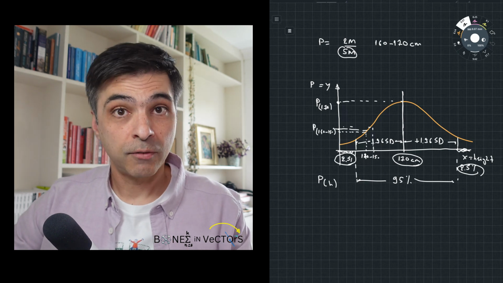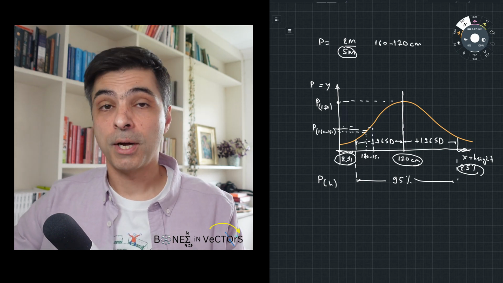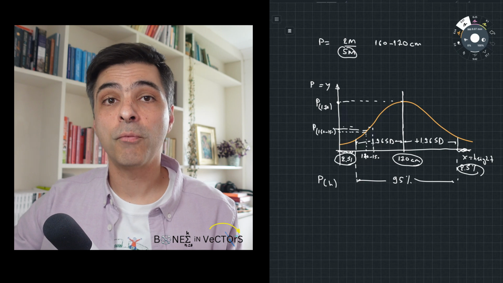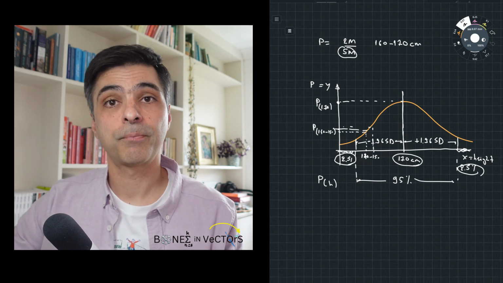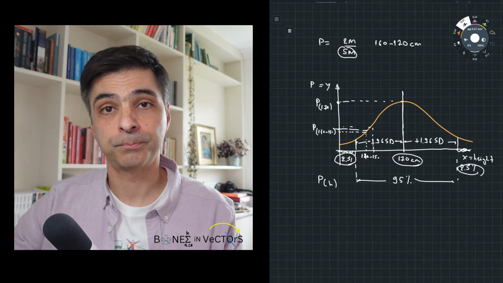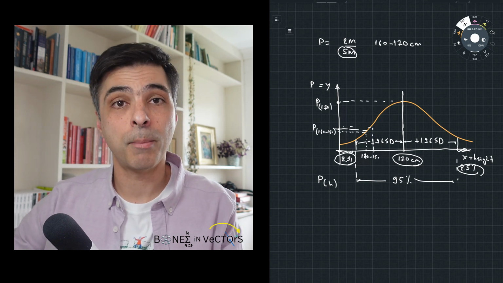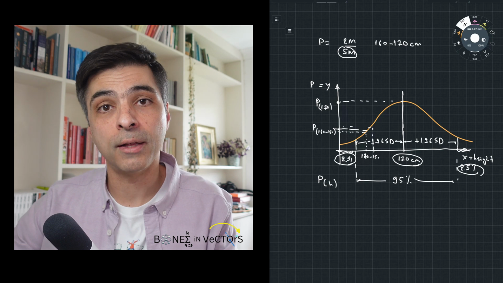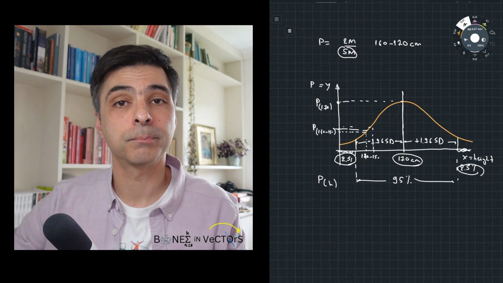What is the standard deviation though? Well, you may remember from high school that the way of measuring the variance within a distribution is the standard deviation. The standard deviation is a measure of how far away the measurements are from the mean.